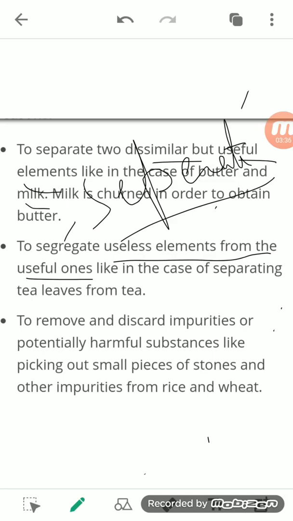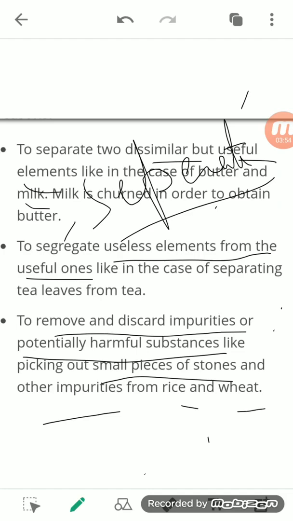And the third thing, to remove and discard impurities or potentially harmful substances. Okay, or we can say to remove the useless or harmful components, like small pieces of stone or other impurities which are present in the rice and the wheat.